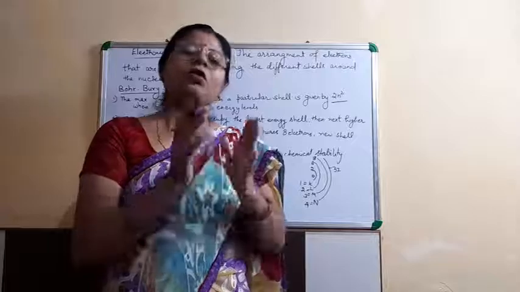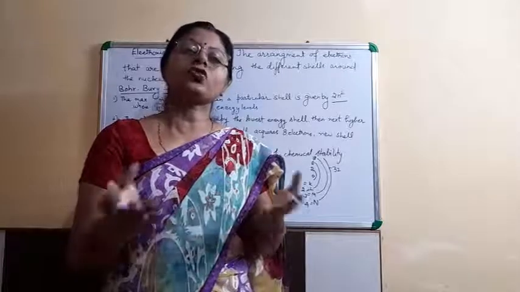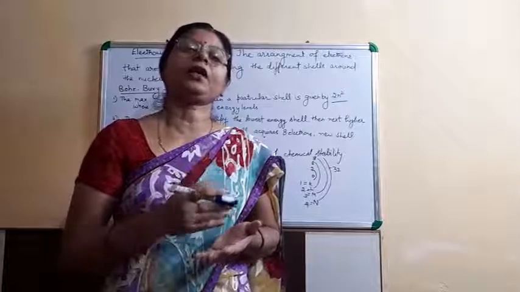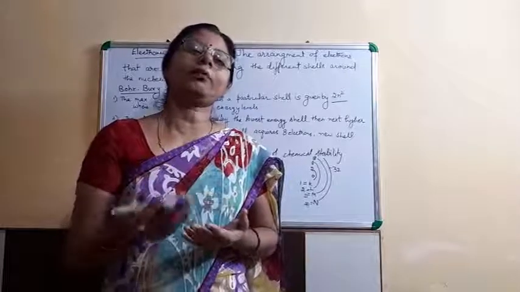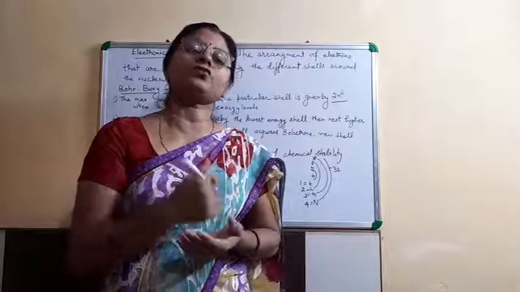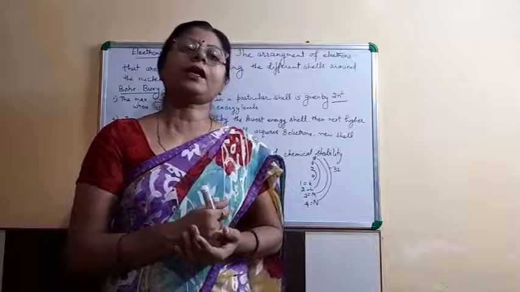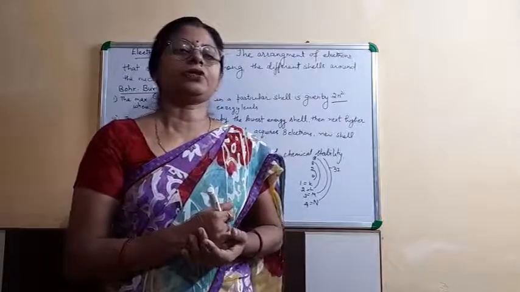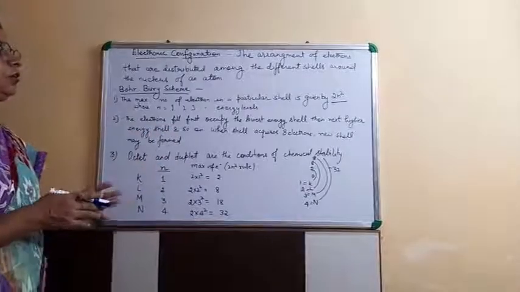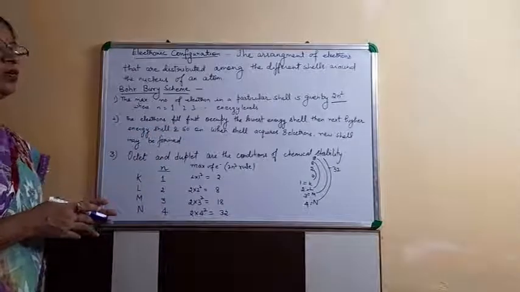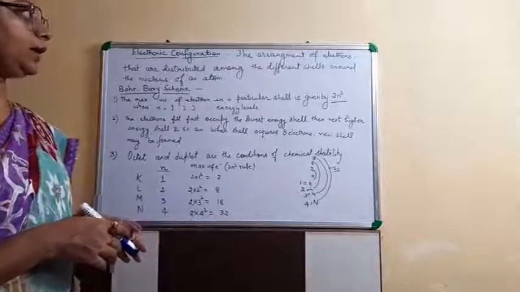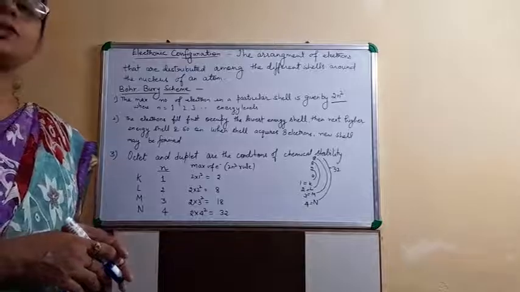Because of this, all the noble gases, which we also call inert gases, are chemically unreactive. They will not easily react with atoms of other elements to form a bond. So this is the electronic configuration, or arrangement of electrons around the atom, according to the Bohr scheme.